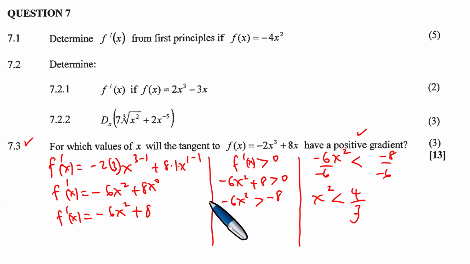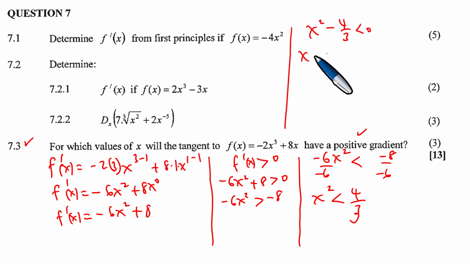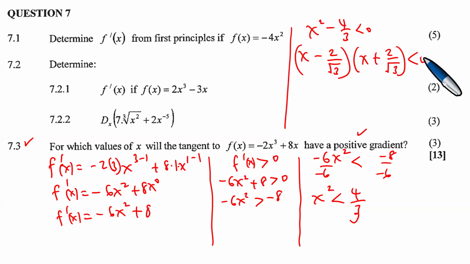And at this point, we can get the factors with ease if we wish. If you have x squared minus 4 over 3 is negative, which means x minus 2 over the square root of 3, times x plus 2 over the square root of 3, is less than 0.